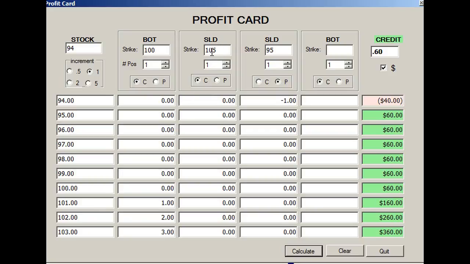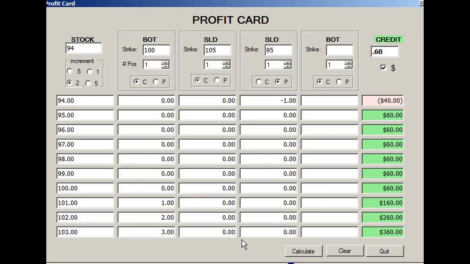And remember, before we wouldn't start realizing the max possible on that spread until we were over 105. So selling the put to finance the long call spread has lowered our break even substantially, and also lowered the amount where we would begin realizing the maximum profit.